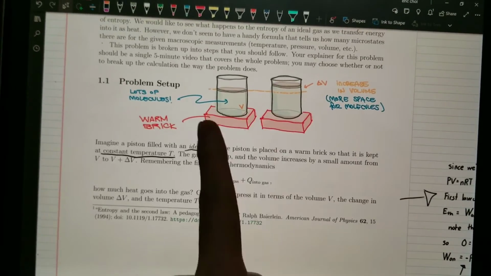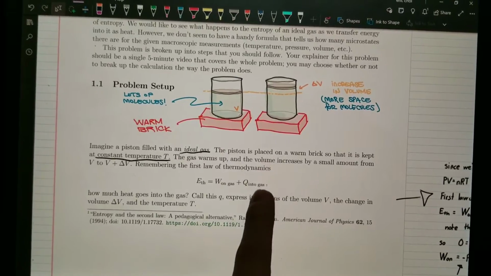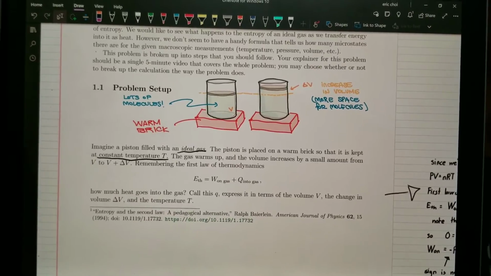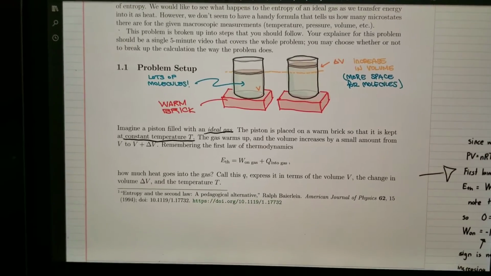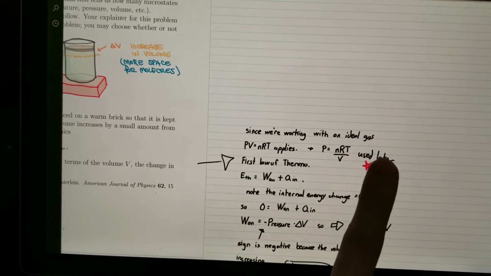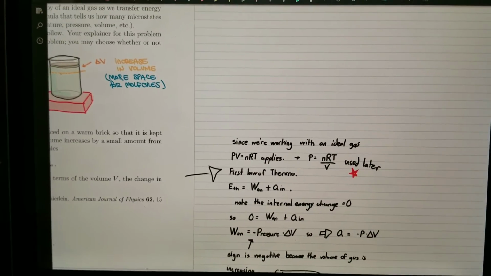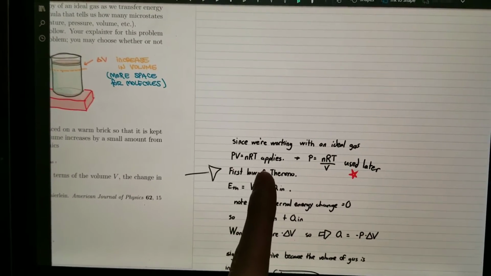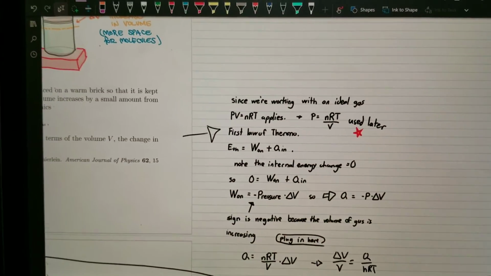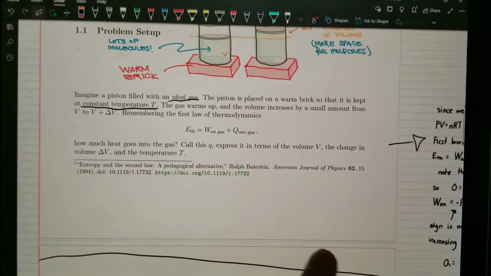These are two identical containers, except the warm bricks are used to keep the stuff at a constant temperature, and they're both filled with an ideal gas, which will also be useful, as shown right here. Since we're working with an ideal gas, we can draw on our old knowledge from the previous chapter that PV is equal to nRT, and that will be used later on in the problem. I feel like I'm saying that a lot, but I guess it's okay because it's actually true.